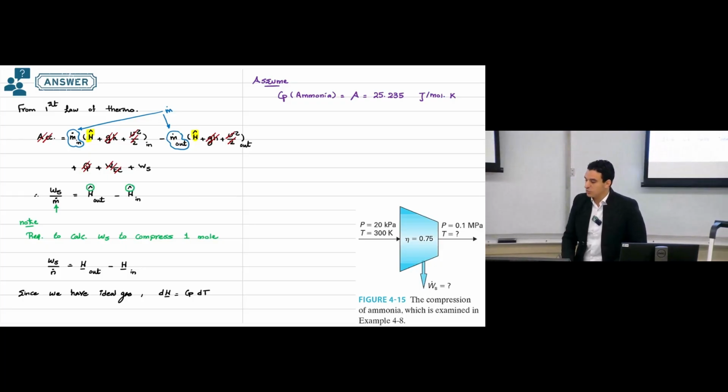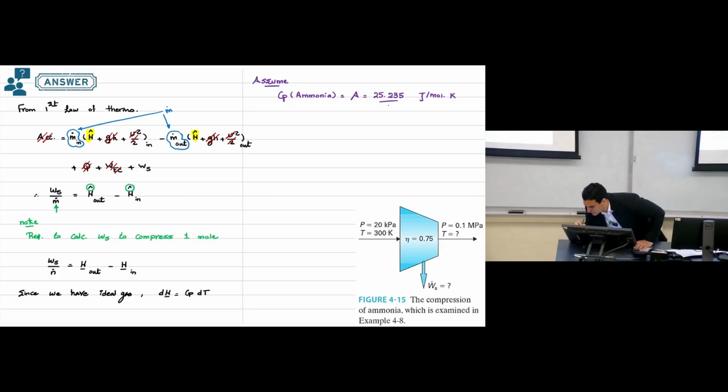So assume this is Cp we have, which means this Cp is constant.